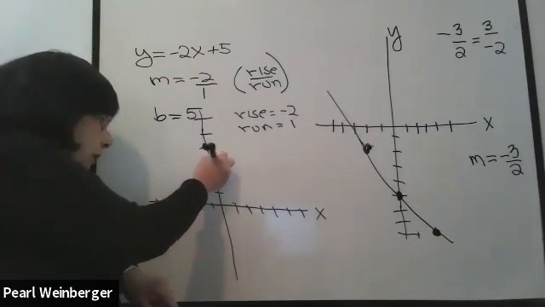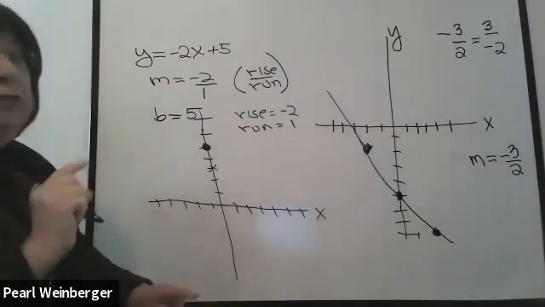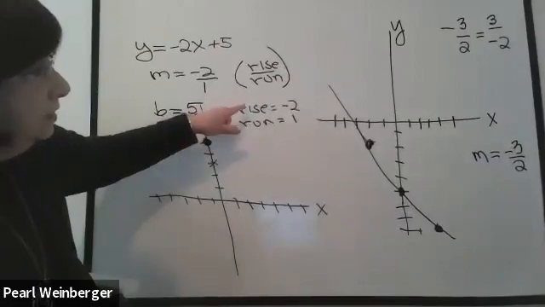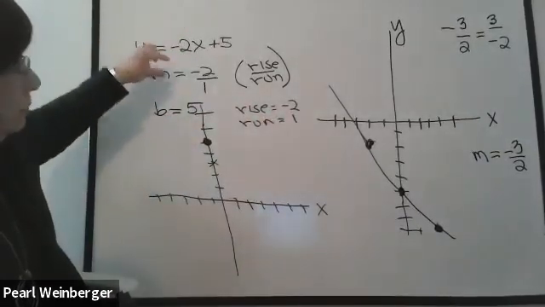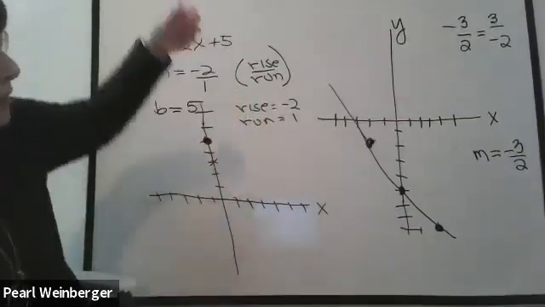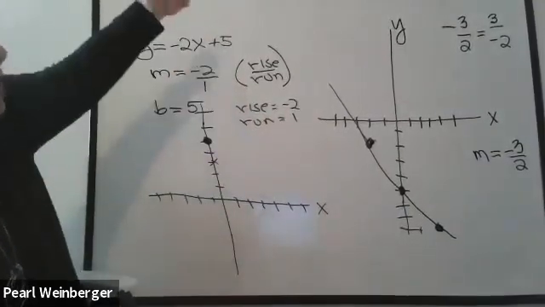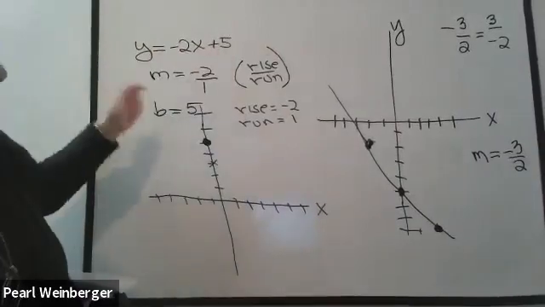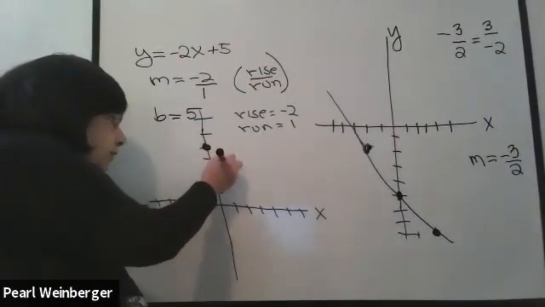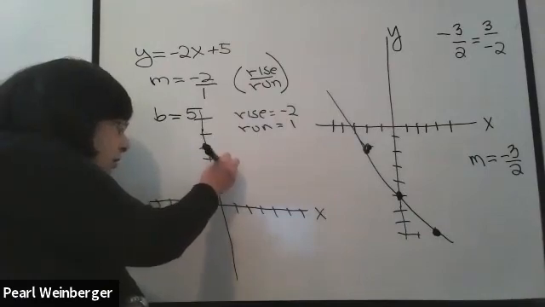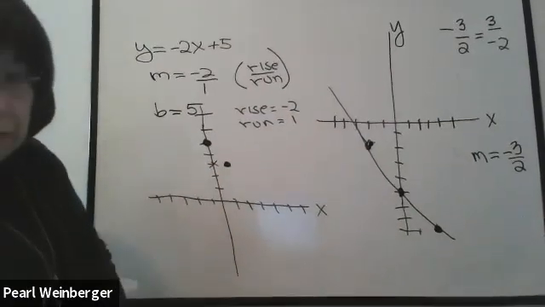So that gets me right over here. I'm putting an X. But I don't stop there because at the same time I have to run 1. The slope is telling you 2 things: how much to go up and down, and also how much to go side by side. Since the run is 1, from here, that 2 down, I have to go 1 over to get me to another point.